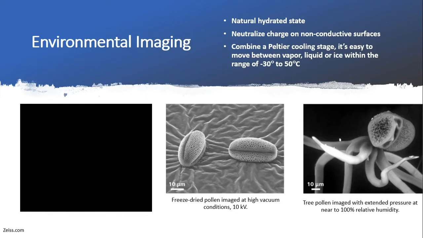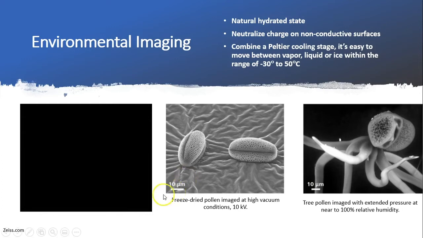For the traditional SEM, early on you need to coat the samples. If the sample is not conductive, you need to coat it with, for example, gold or palladium, a thin metal layer on the surface to make it conductive. In the environmental SEM, instead of coating, we introduce water vapor, which can neutralize the surface charge.